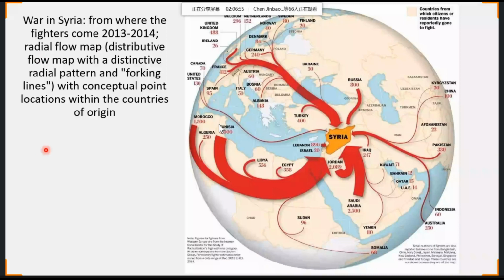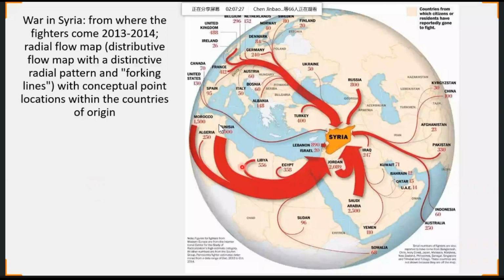And additionally, you have also forking lines here. But compared with the forking lines of the slave trade before, you see that several arrows join to form one big arrow, but they do not split again because they all point to the same country, to the same area. So forking here is just on one side of the arrows, not on both sides.